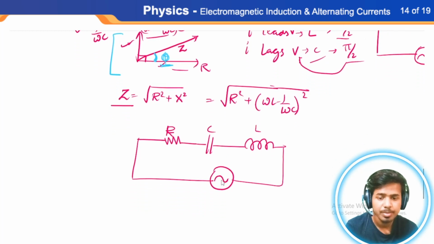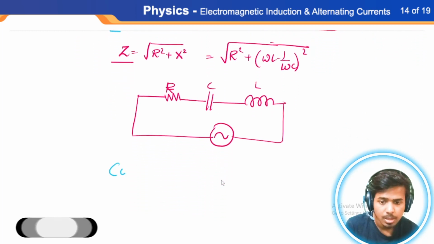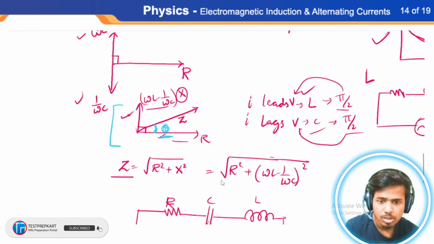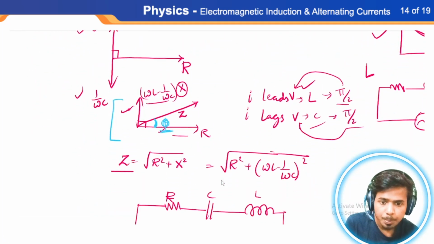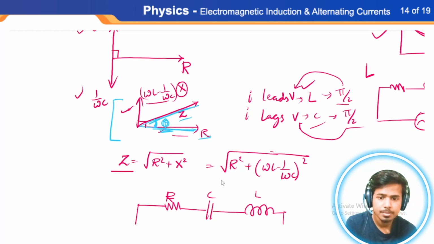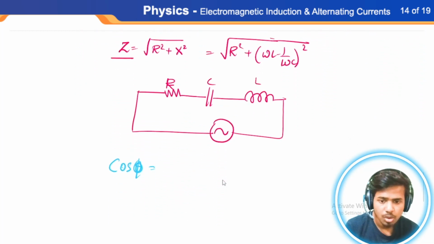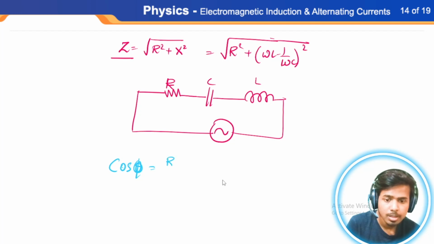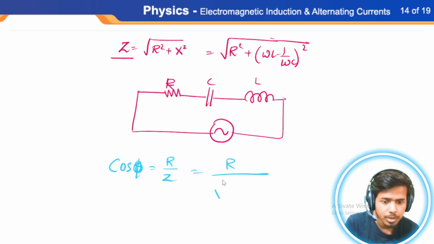Cos theta is easier because cos theta is used somewhere else as well. So cos theta or cos phi, in this case, what is that? Cos phi is base divided by the hypotenuse, so simply R by Z, right? So cos phi is R by Z, or R over under root R square plus (omega L minus 1 by omega C), the whole thing is squared.